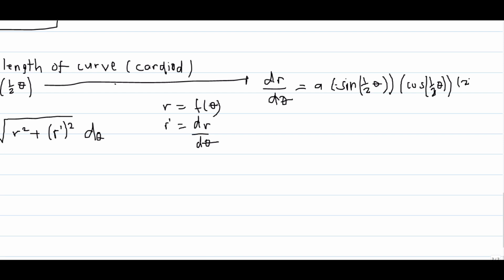So to finalize, dr over d theta equals negative a sine 1/2 theta cosine 1/2 theta.